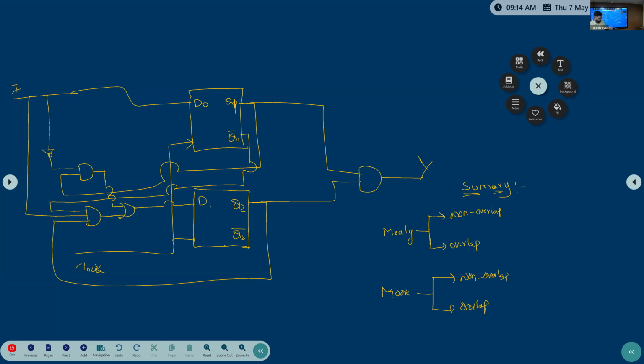all up to the final state, it will be the same. When you come to the final state in non-overlap, what you need to do? You need to go to the S0 state when you reach the final state.